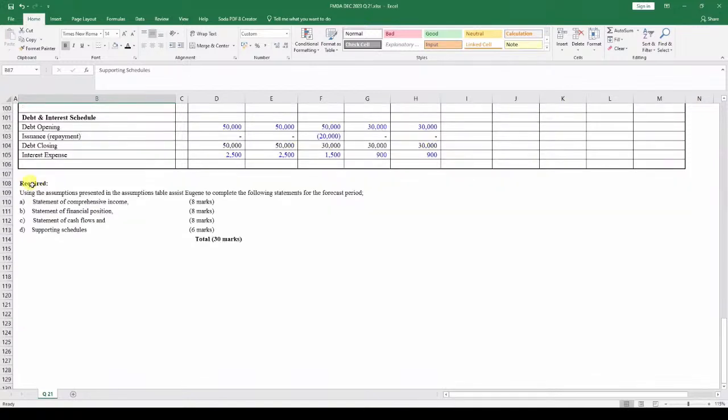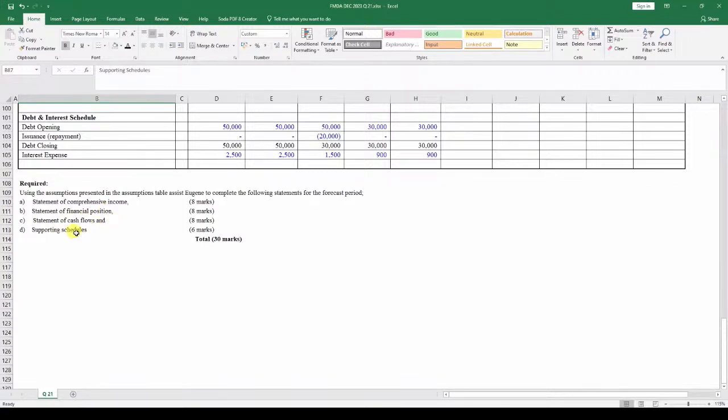We are required, using the assumptions presented in the assumptions table, to assist Eugene to complete the following statements for the forecast period: A, the statement of comprehensive income, the statement of financial position, the statement of cash flows, and the supporting schedules.